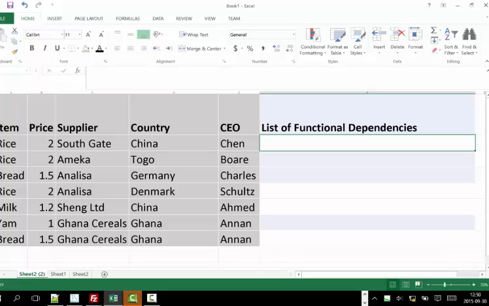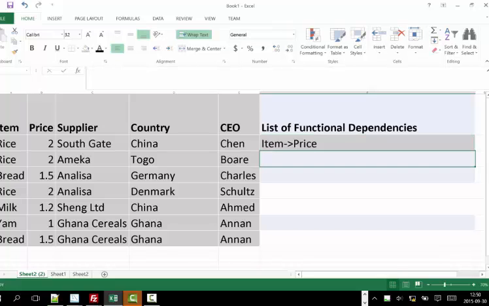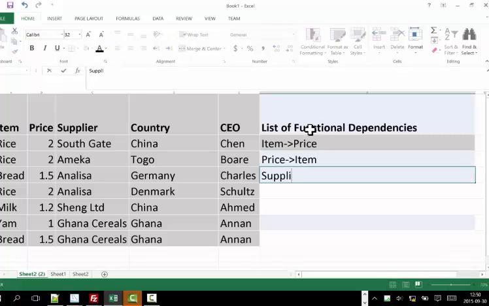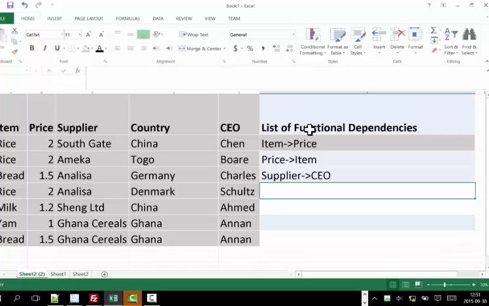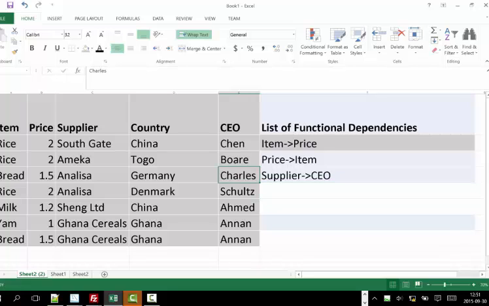Right. So some of the ones we picked out was that item gives price. That price gives item. Supplier gives the CEO. Does CEO give supplier? Oh wait, this one became Charles.